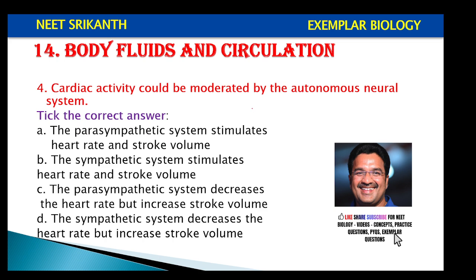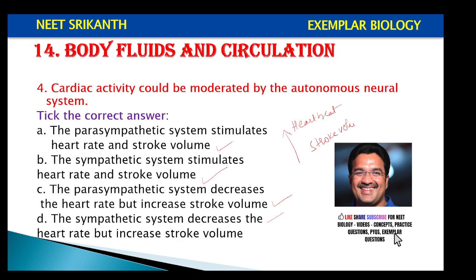Cardiac activity could be moderated by the autonomous neural system. The parasympathetic system stimulates heart rate and stroke volume. Sympathetic system stimulates heart rate and stroke volume. The parasympathetic system decreases the heart rate but increases the stroke volume. Sympathetic system decreases the heart rate and increases the stroke volume. So heartbeat and stroke volume both are increased by sympathetic nervous system.